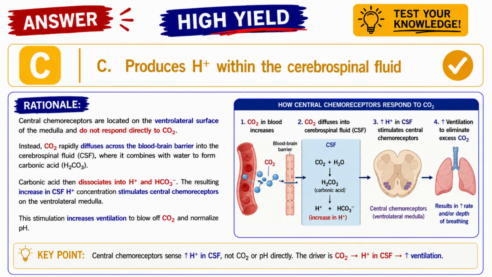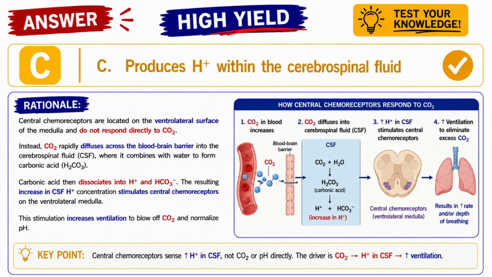The central chemoreceptors become less sensitive to the chronically elevated CO2 because CSF pH is no longer as abnormal. This is why chronic COPD patients may rely more on peripheral chemoreceptor drive, hypoxic drive, for their ventilatory stimulus, and why giving supplemental oxygen to a CO2 retainer can theoretically further blunt their already compromised ventilatory drive.